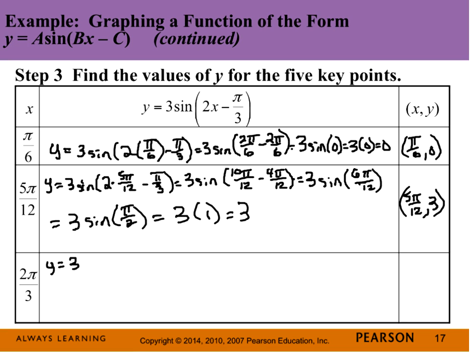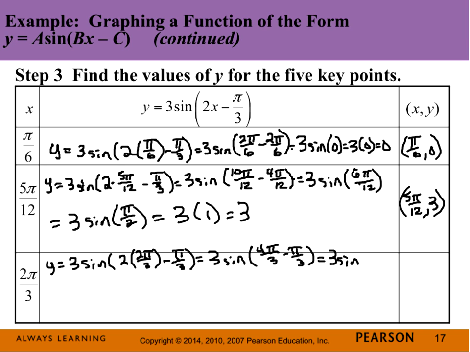All right. Y equals 3 times the sine of 2 times 2 pi over 3 minus pi over 3. And that's 3 times the sine of 4 pi over 3 minus pi over 3, which is 3 times the sine of, whoops, 4 pi over, no, that's 3 pi over 3, my bad.